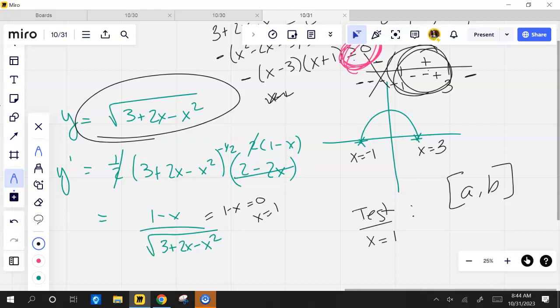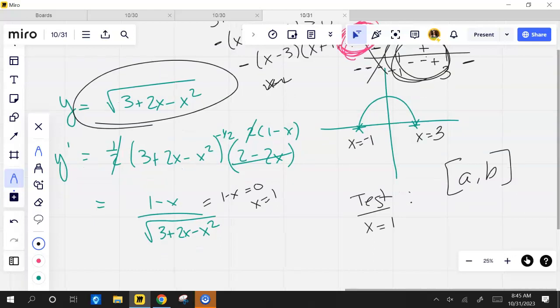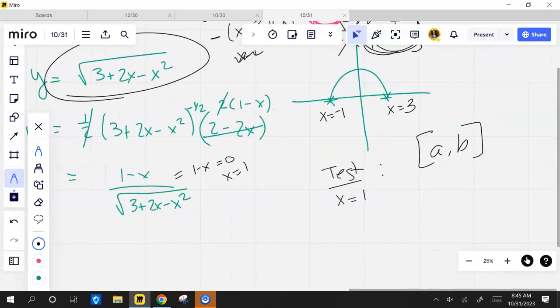Does that make sense? You could say it's a maximum on this interval by the EVT, because you could set the interval yourself, but it needs to be a closed interval. If the ends go in opposite directions, you're never going to have an absolute, right? Sometimes I go too deep.